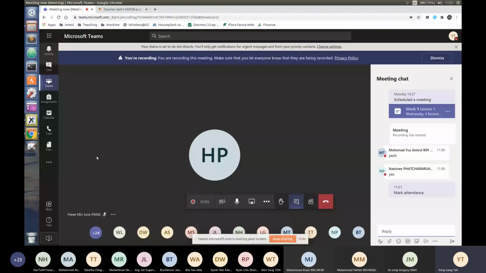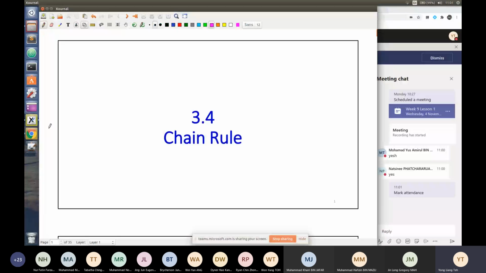Okay, if you are good with that, our plan for today is to cover the chain rule, and if possible, we'll also cover implicit differentiation. The chain rule is required for composite functions.